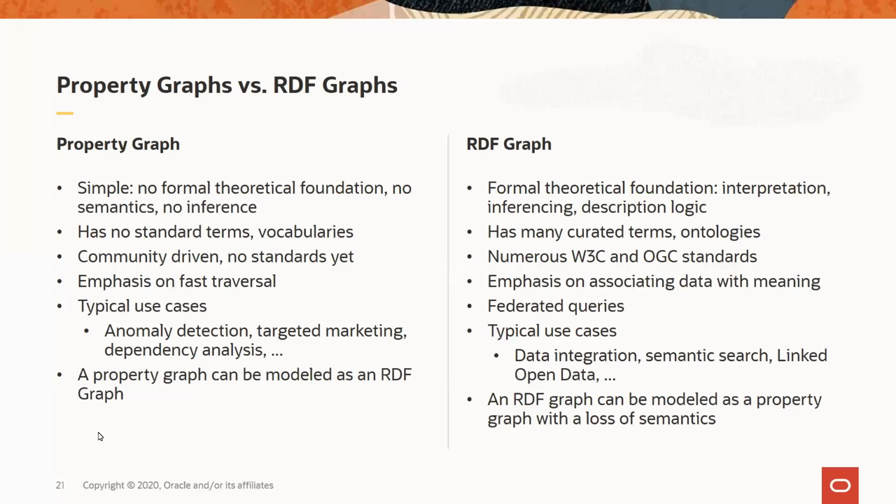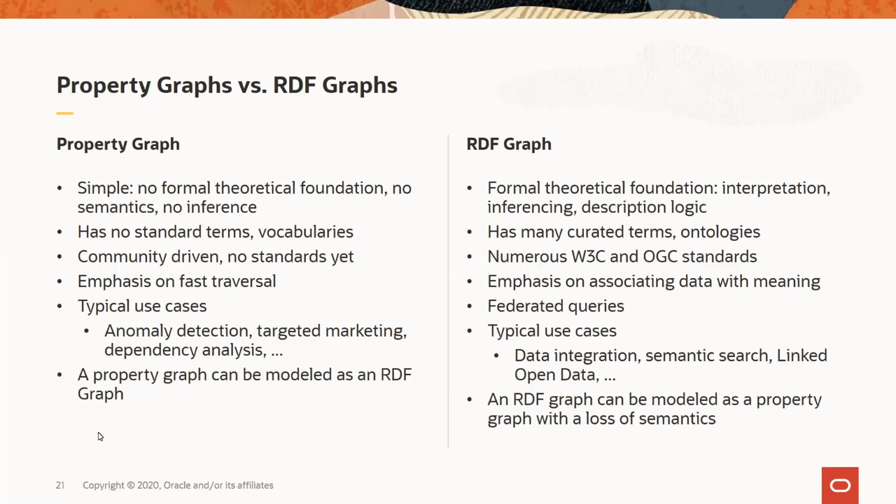And I hope it's become clear from what Gianni was saying that the emphasis for property graphs is on analytics, basically making use of the fact that you're explicitly storing and handling the relationship, contrary to a relational database where, whenever you have a relationship, you join two tables.